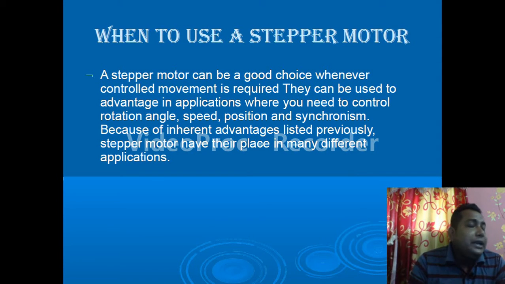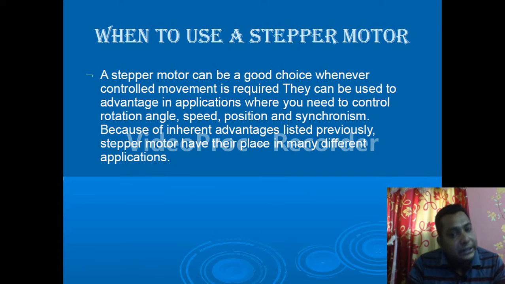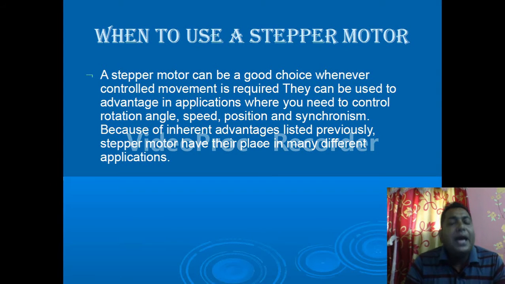When to use a stepper motor? Let us see what the answer is. A stepper motor can be a good choice whenever controlled movement is required. They can be used to advantage in applications where we need to control the rotation angle, speed, position and synchronism.